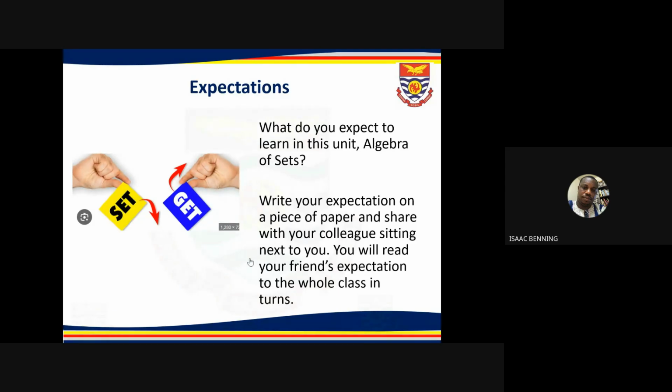To be able to prove and use set theorems.